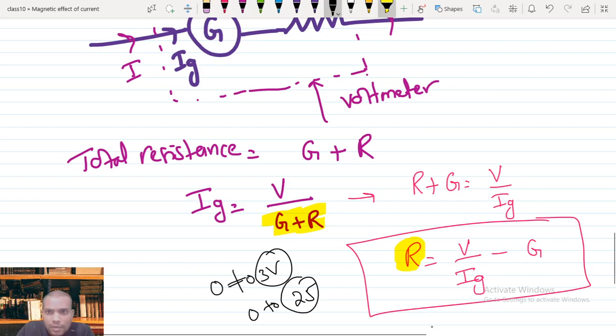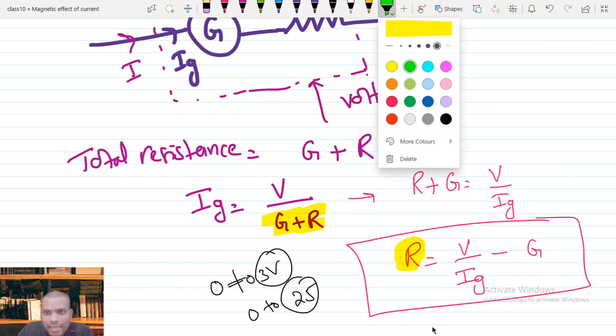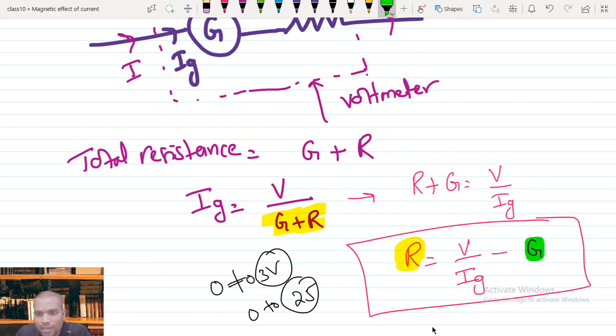And moreover, a very important thing is that here G is again known as galvanometer resistance or figure of merit. To convert a galvanometer into a voltmeter of desired range, desired range means the range to which you want to convert it.